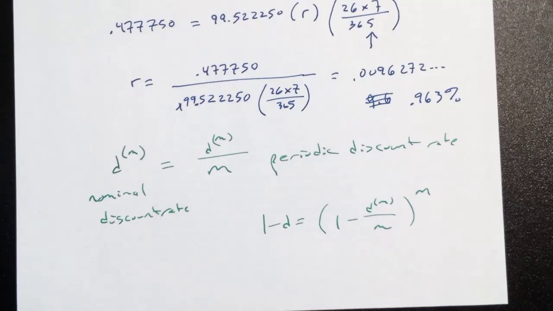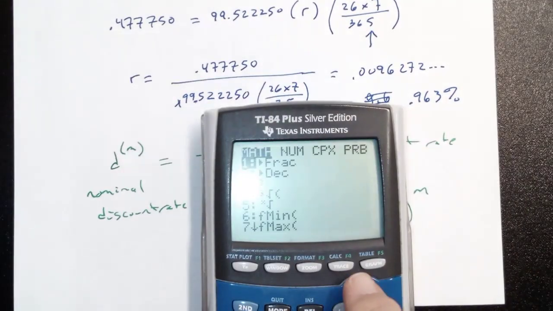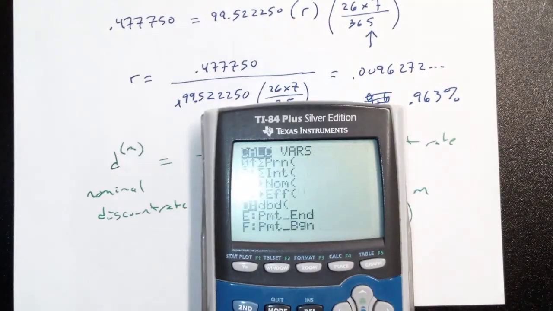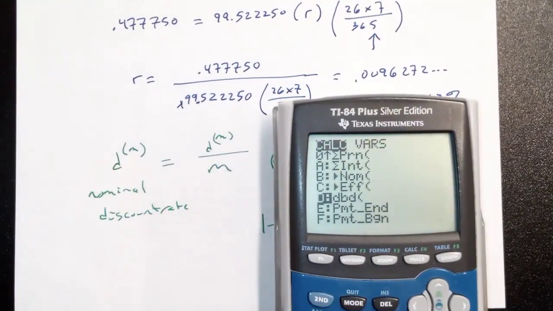You'll find on our calculators in that finance menu, under apps, finance, this thing down here labeled DBD, days between dates. If you actually need to know the number of days from this day to this day, I use this.